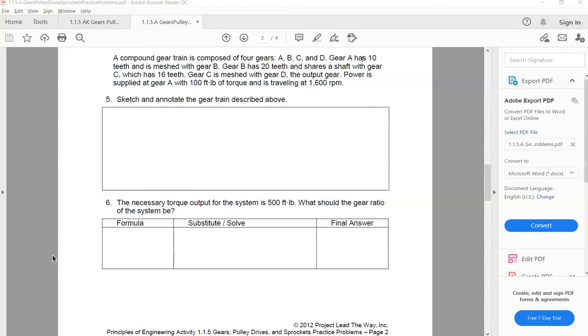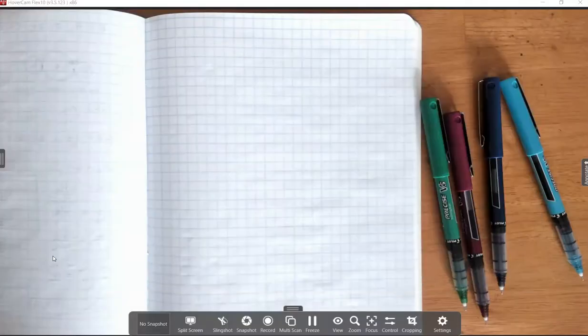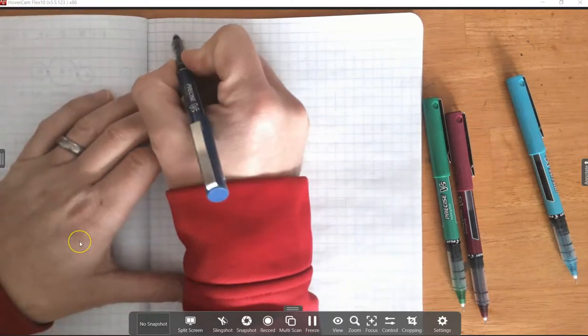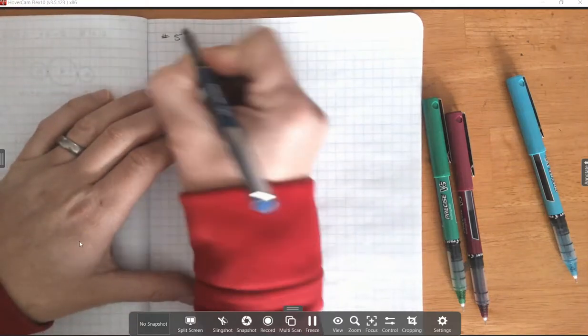So let's start kind of drawing this out. But we've got 10, 20, and then 16 for C, and they don't tell us for D probably. Okay. So 10, 20, and 16. So let's go to our camera and let's draw this. This is number 5.